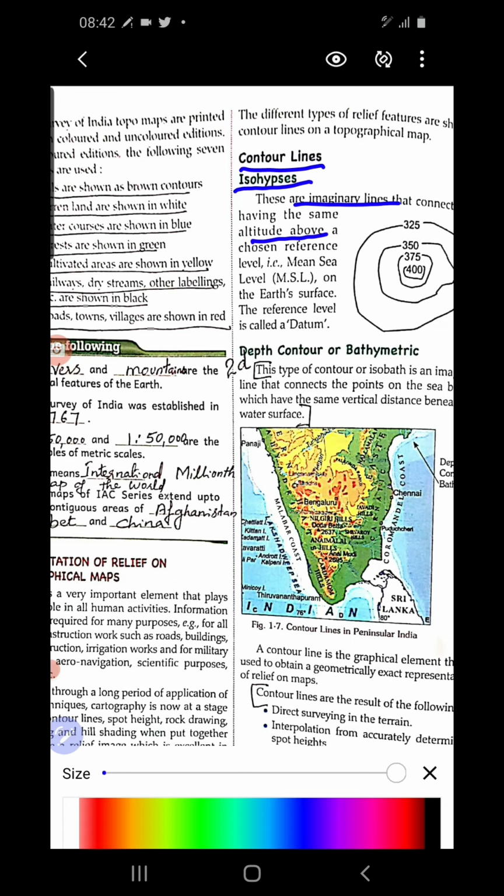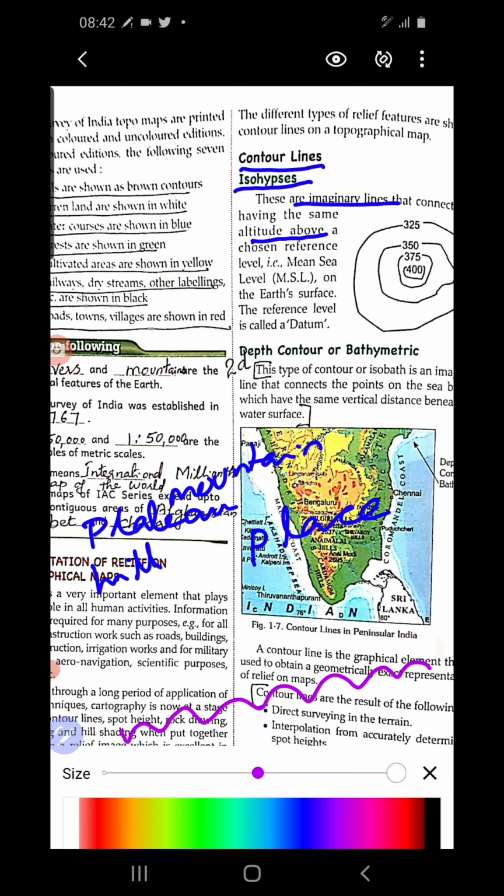Suppose a mountain, a hill, or a plateau. How do you calculate the height of that place? Suppose this is the sea level, sea is here.